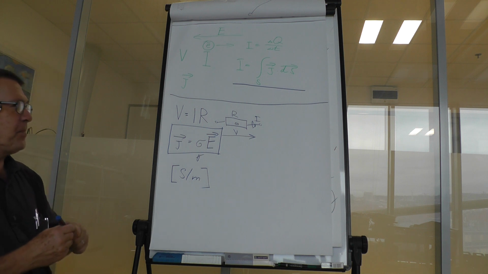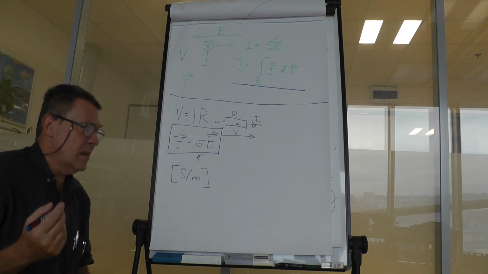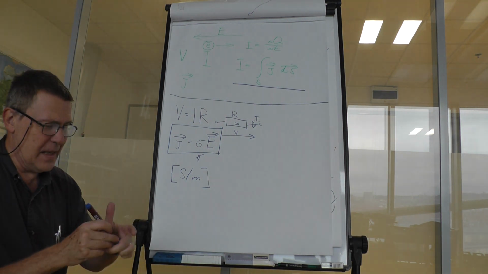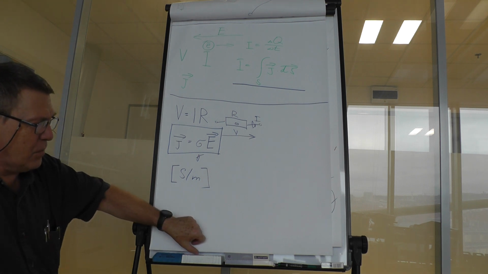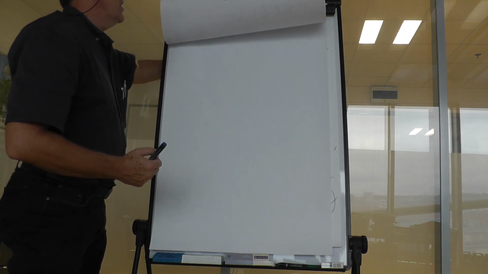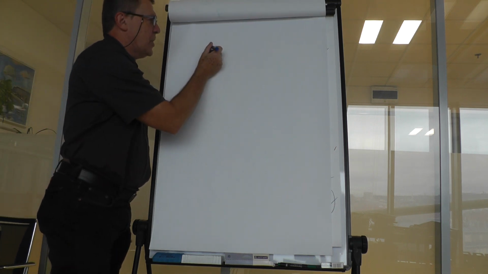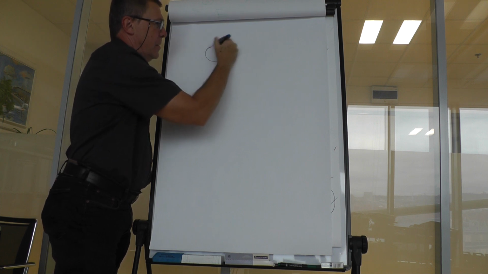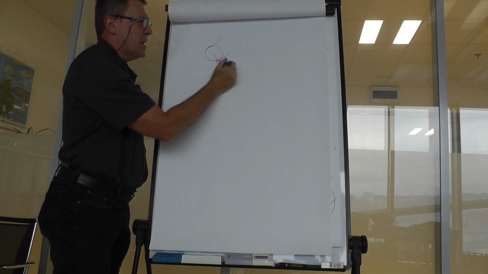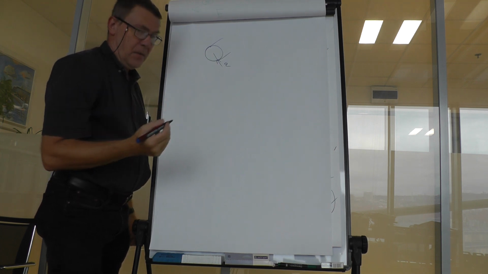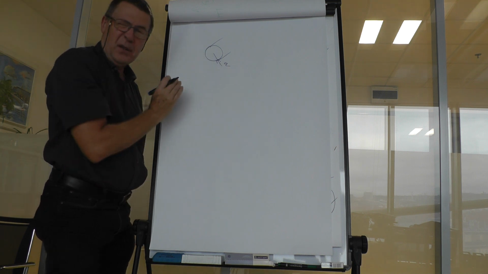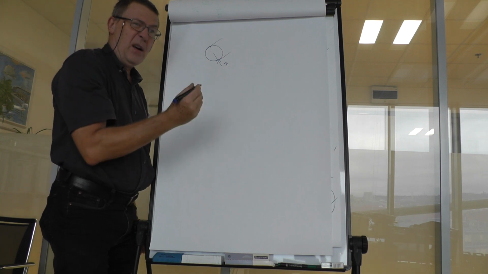By the way, this is a step back to electrostatics, but let us investigate for a moment the situation around this high voltage line conductor. So we have the high voltage line conductor, and it has some radius, let's say A. And as we know, the charge that is deposited on the conductor causes electric field strength around it.